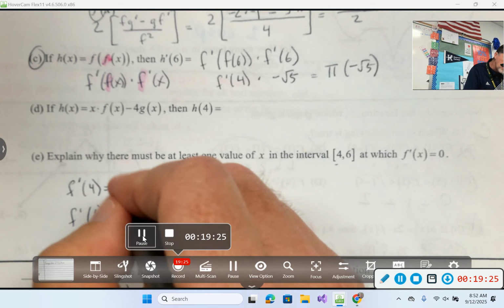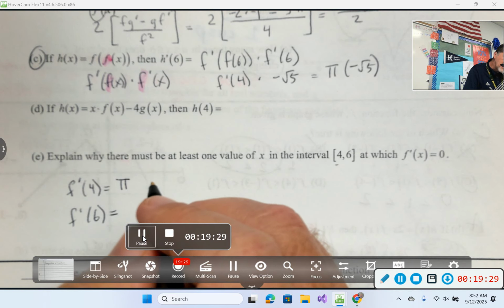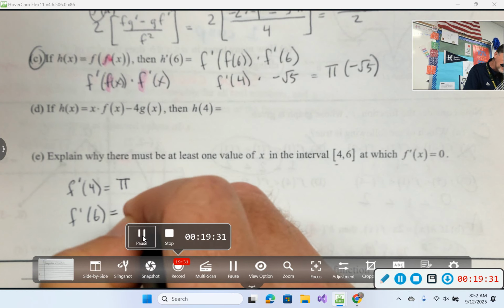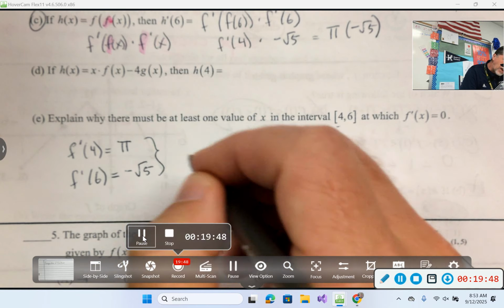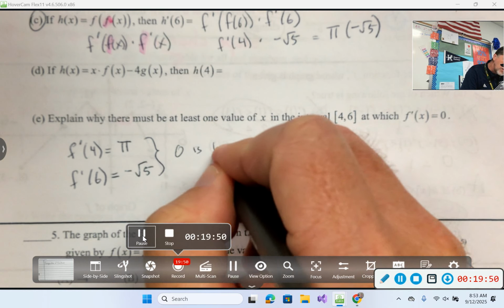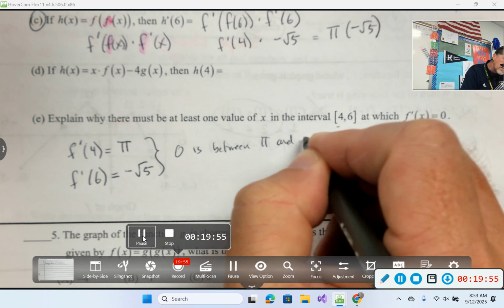F prime at 4 is pi. F prime at 6 is negative root 5. So what do we think? Is 0 intermediate to pi and negative root 5? So this is IVT. 0 is between pi and negative root 5.